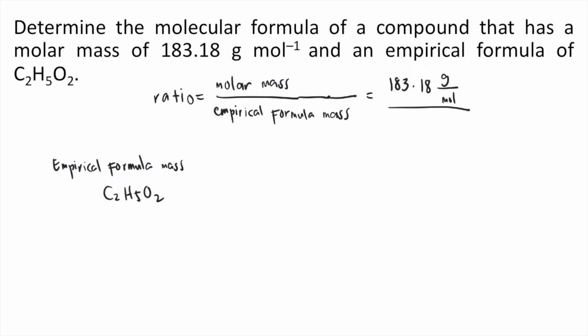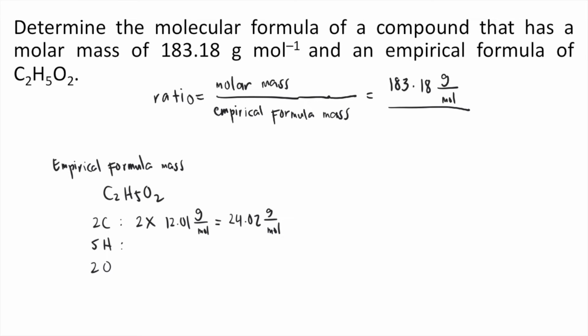So there are 2 carbons, 5 hydrogens, and 2 oxygens. For carbon, that's 2 times the molar mass of carbon, which on the periodic table is 12.01 grams per mole. So 2 times 12.01 is 24.02 grams per mole.